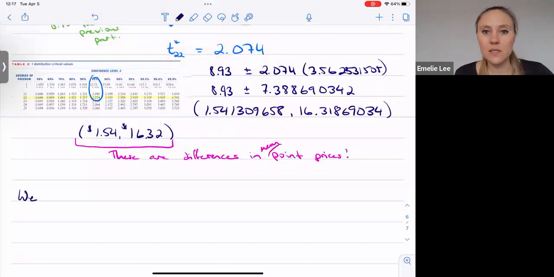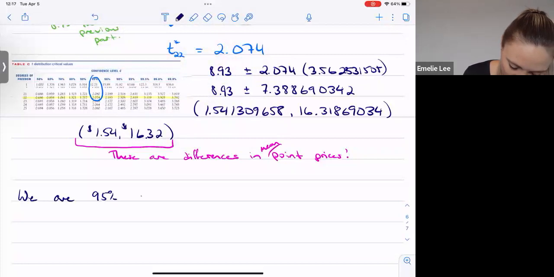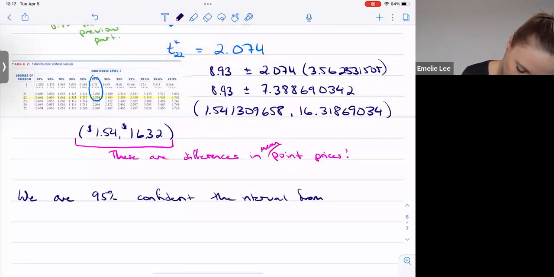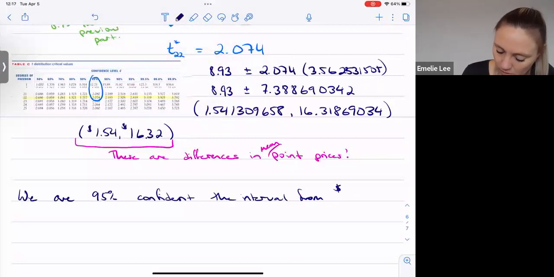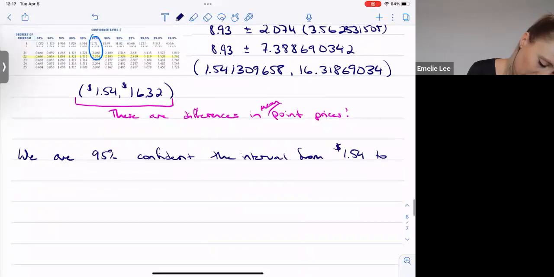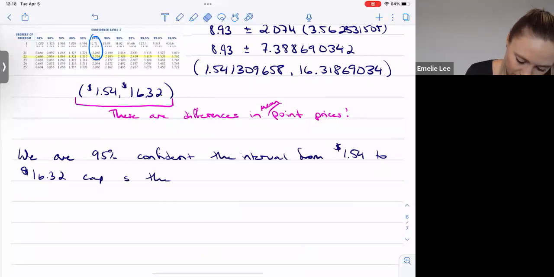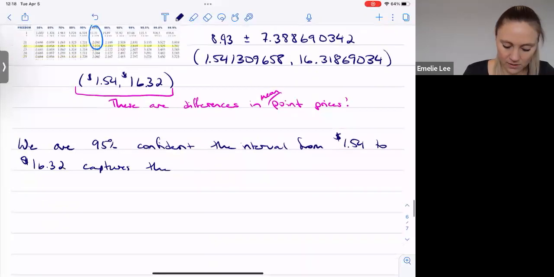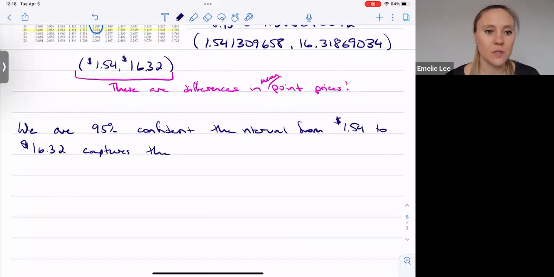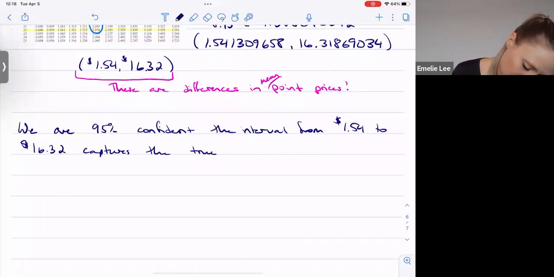So if we're going to interpret this, we use the same blurb that we always do. We are 95% confident the interval from $1.54 to $16.32 captures the true difference in mean point prices.